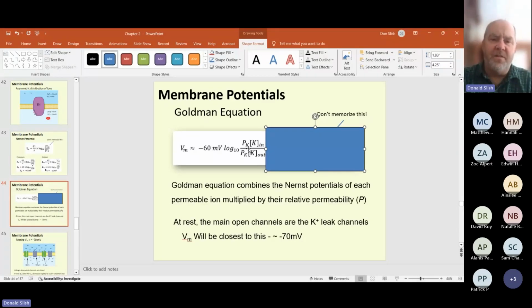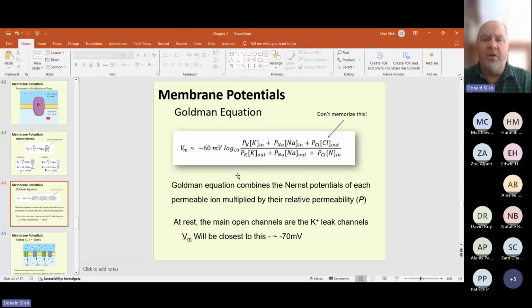Although we've added in another factor here, P, which is the permeability, which means how capable the potassium is of going through the membrane. So what our Goldman equation is doing here is adding up all the Nernst potentials, but relative to their permeability.